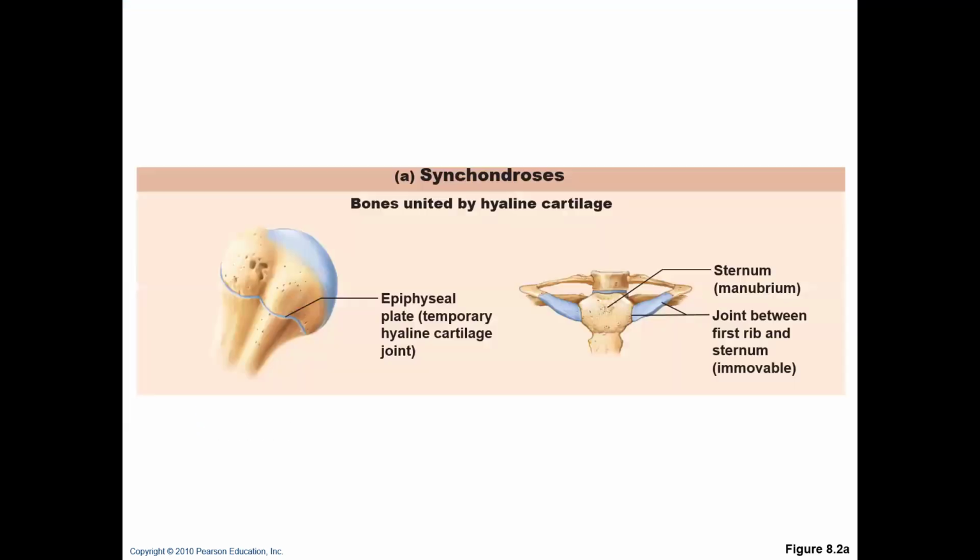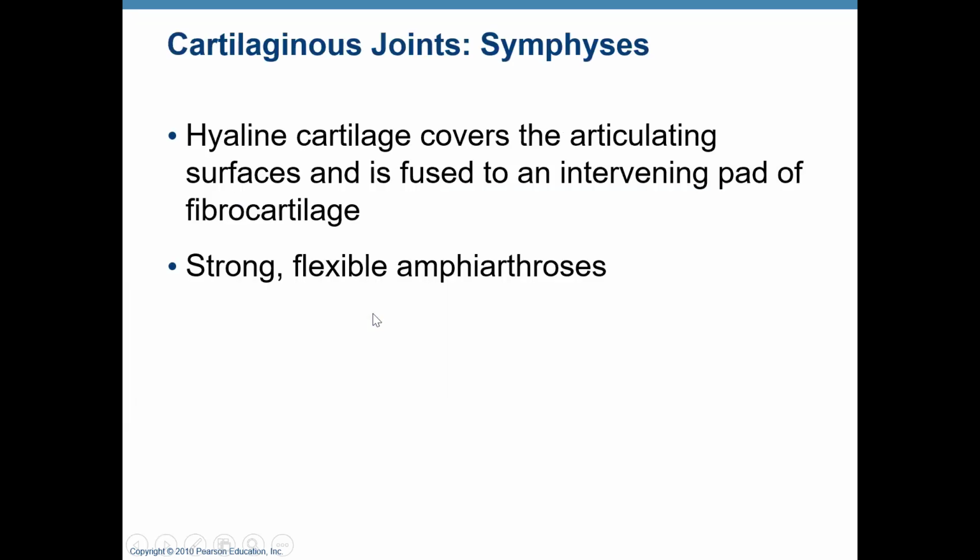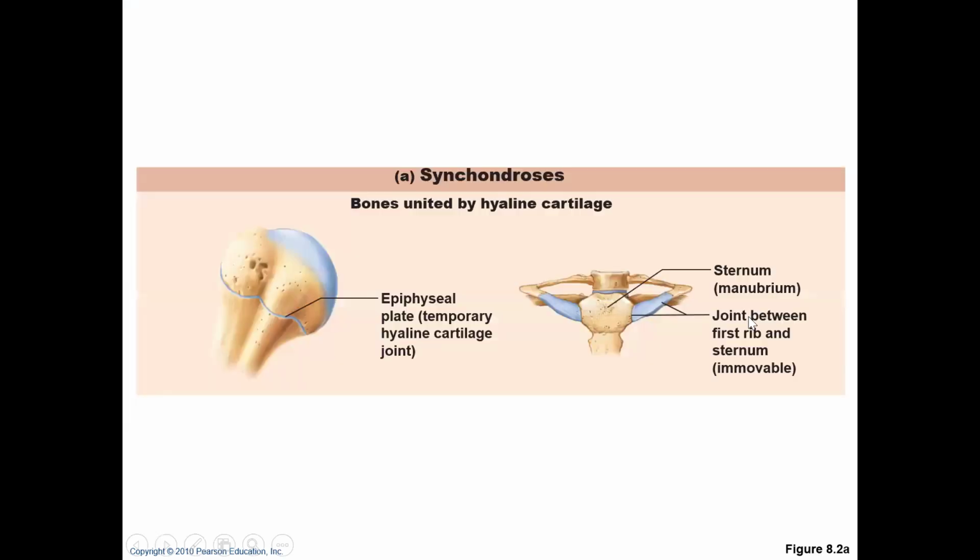All right, let's go back to where we were. We're looking at cartilaginous joints. Again, the example for synchondrosis is where you find hyaline cartilage between where the two bones meet. Most cartilaginous joints are amphiarthrosis, which means they allow for slight movement, yet there are some exceptions, like in these two pictures here, where there's no movement.